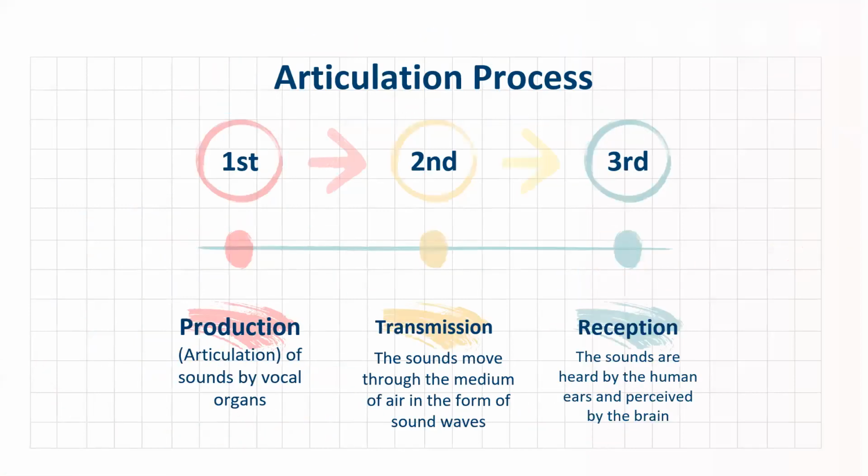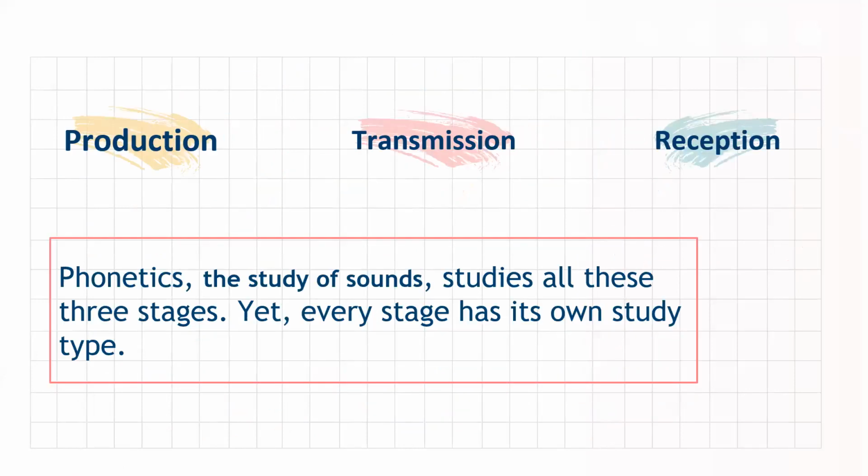So production, phonetics, the study of sounds, studies all these three stages, yet every stage has its own study type. For production, we have articulatory phonetics. For transmission, we have acoustic phonetics, and for reception, we have auditory phonetics. So each branch of phonetics studies these stages.